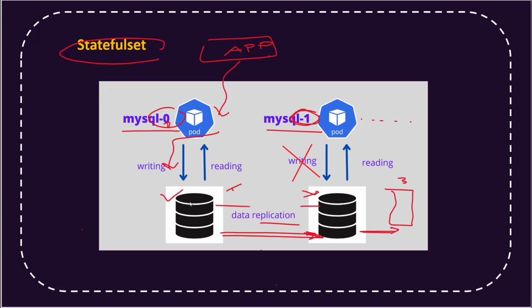And also when we scale, for example, if we have one at first and we want to scale it to 3 replicas, at first it will build the second one, and when it is ready, it will go to the third one.